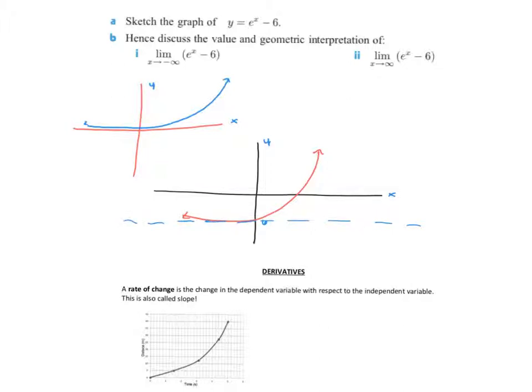It's going to get super close, but it's not going to pass that horizontal line. So now they want to know, what is the limit as the x values in that graph get more and more negative? What would be the limit? Yeah, minus 6, right?